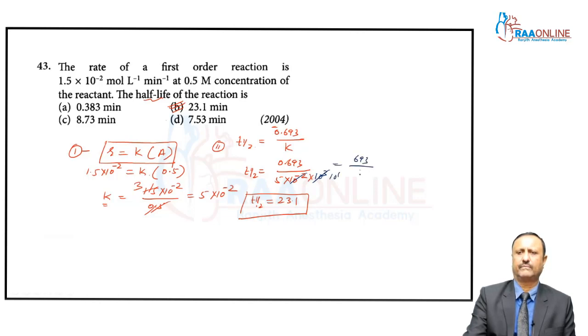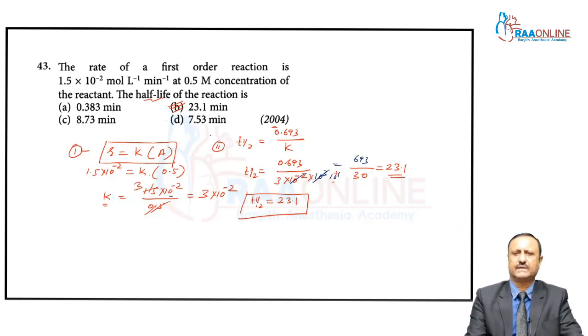Then 693 divided by 5, here we can write 3, so it becomes 693 upon 30, because 10 to the power 1 is present here. So you get 23.1. This is the answer.